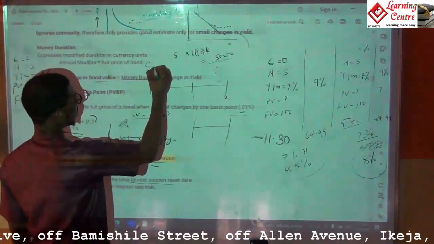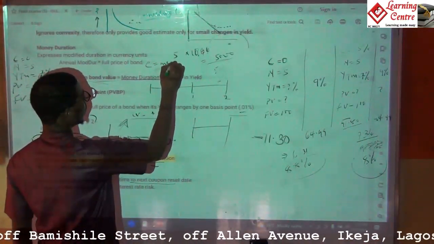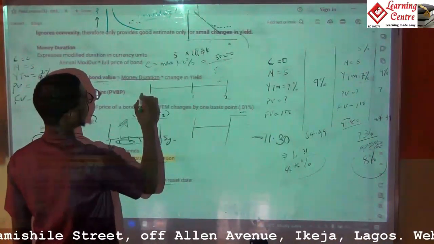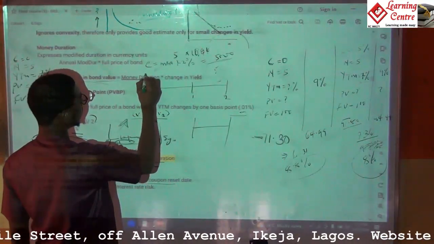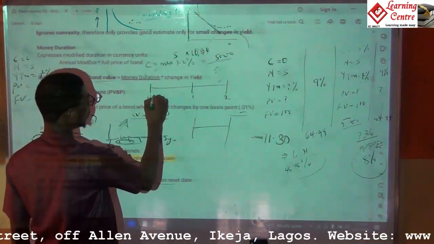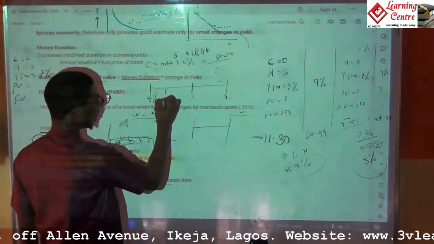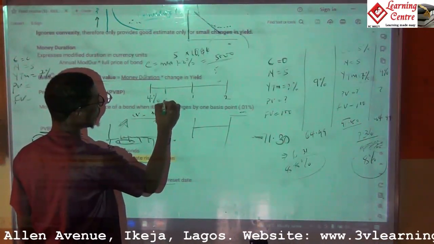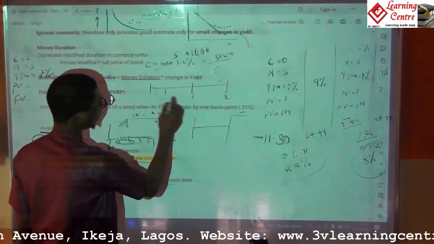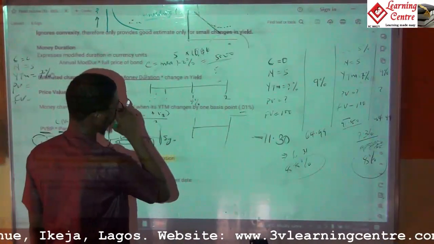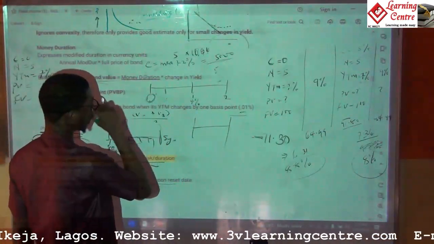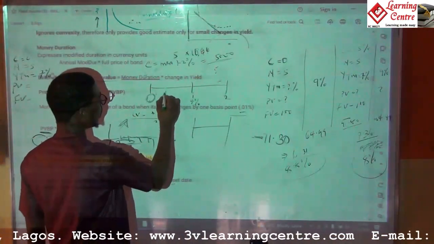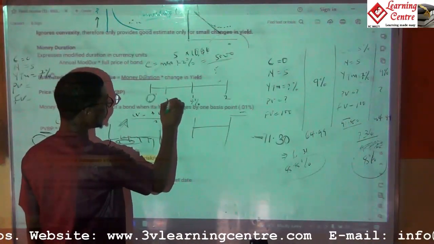Coupon is MRR plus 2. If MRR on this day is 2%, then the coupon is 4%.